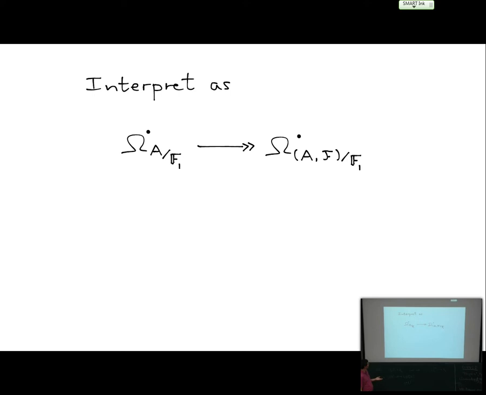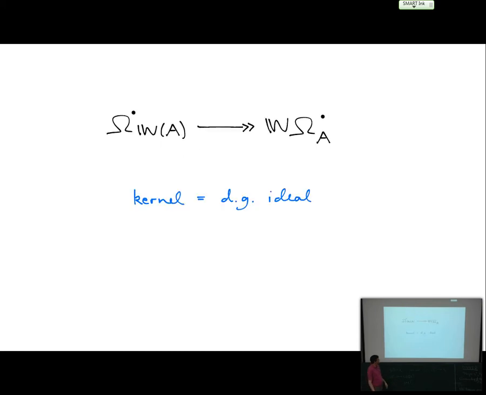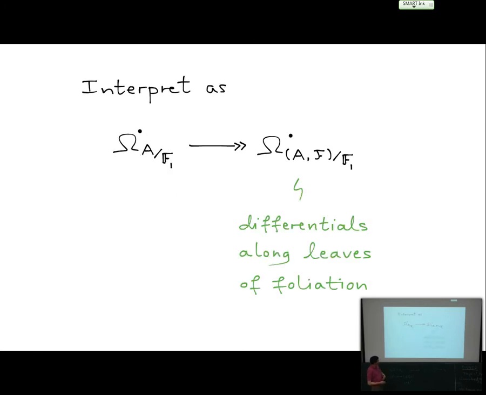If we follow Borger's philosophy, then we should interpret the de Rham complex of the big Witt ring as the differentials of A relative to F1. And then having a quotient of this modulo a differential graded ideal would correspond to having differentials along the leaves of a foliation, namely this quotient map defines a foliation.